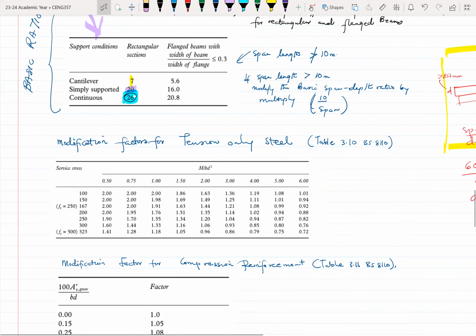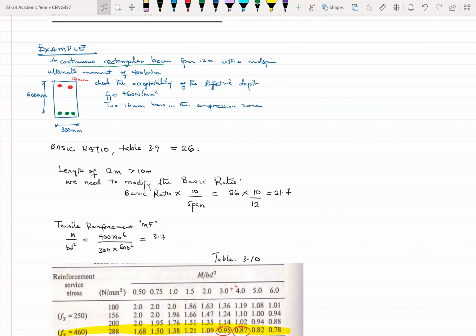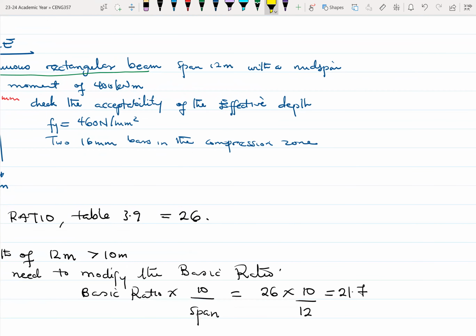Here I have the span length of 12 meters. That exceeds the 10-meter limit for the basic ratio, so we need to modify it.